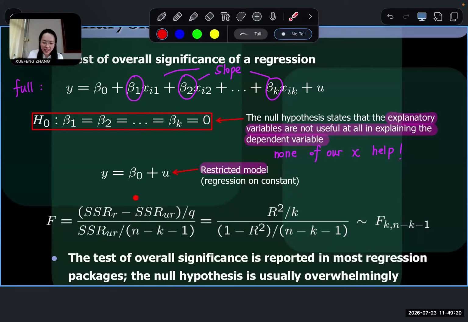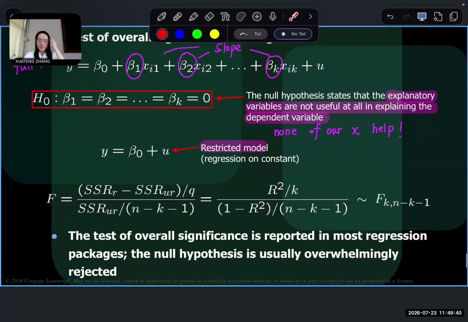So in this case, our F statistic becomes R squared over k, and in the denominator is 1 minus R squared, okay? Then this is the degrees of freedom. And this is the F distribution, which follows degrees of freedom of k and n minus k minus 1.